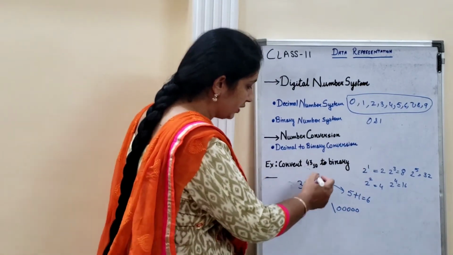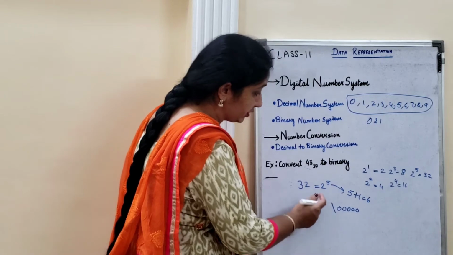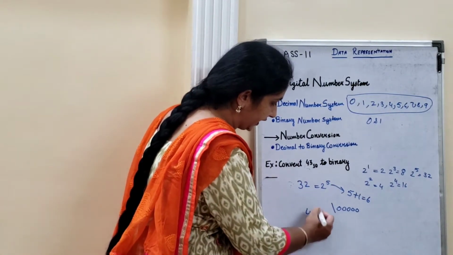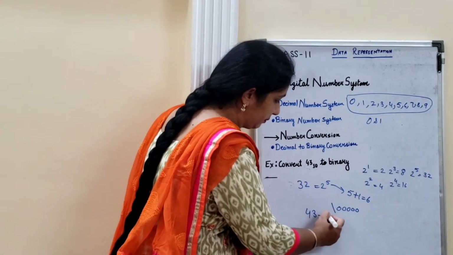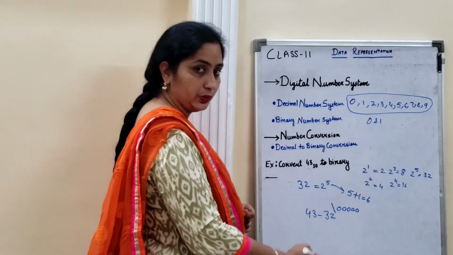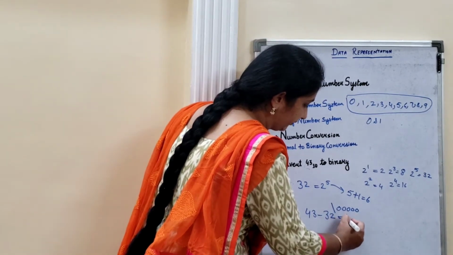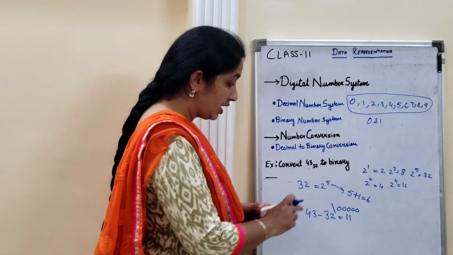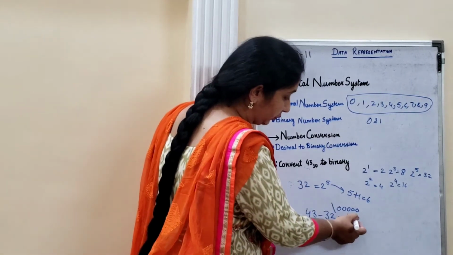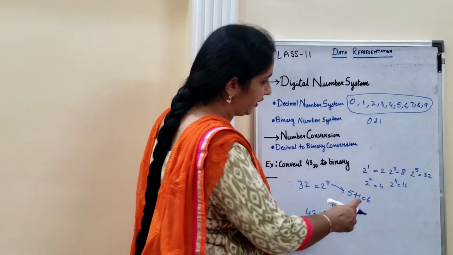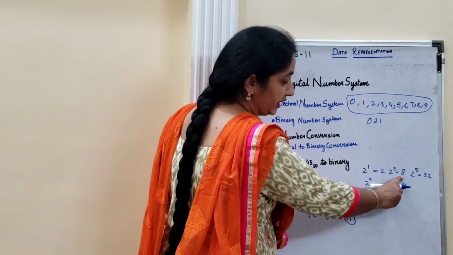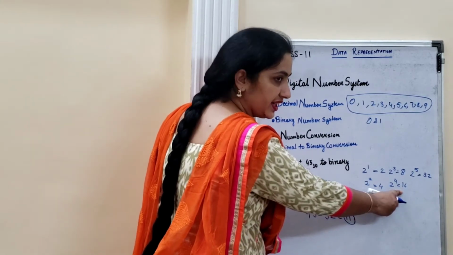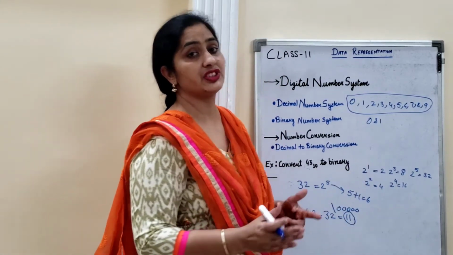Now after this, you need the next power. For that, take 43, your original number, minus 32, which is 11. Now how many powers of 2 do you need for 11? You need 2 raised to power 3, because 16 is greater than 11 but I need a number which is less than 11.